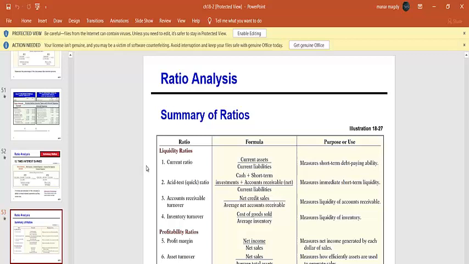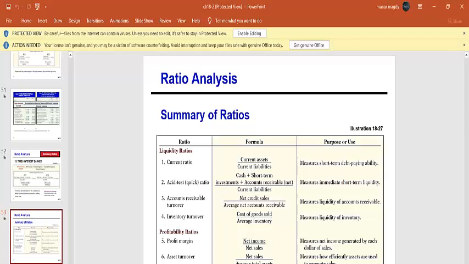These ratios are useful in order to understand whether the company is able to provide liquidity, or to provide money, in a short period of time. That is the meaning of liquidity. So, for example, the current ratio divides the current assets by the current liabilities, and this shows you the short-term debt paying ability.